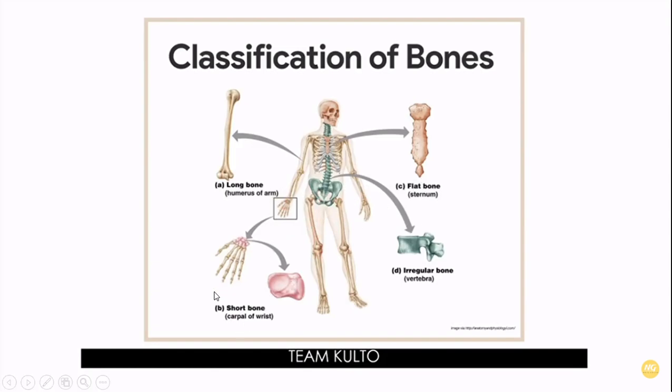Next, we have the short bone. A good example is the carpals of the wrist. Short bones are generally cube-shaped and mostly contain spongy bone. Sesamoid bones, which form within tendons, are special types of short bones. Next, we have the flat bones.